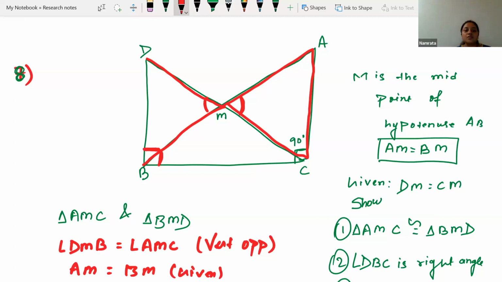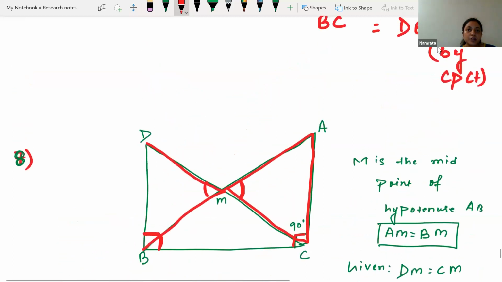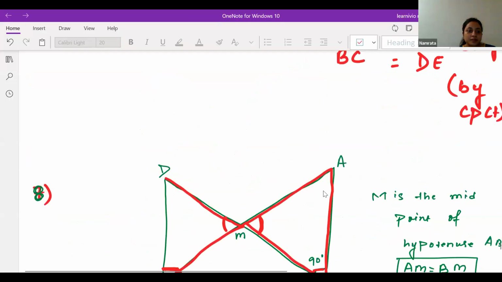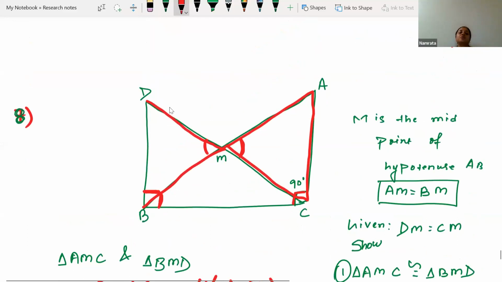So how can we say that it's a right angle? Anyone? Ifra, you have done this topic, no? Yes, Ifra? What will be the approach to say DBC will be a right angle? It will be 90 degrees.